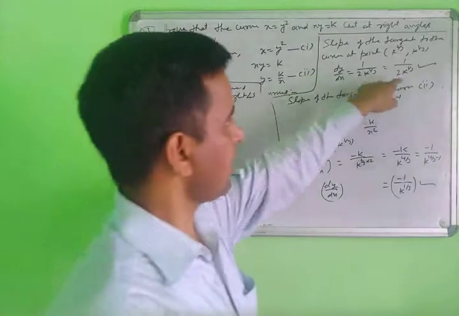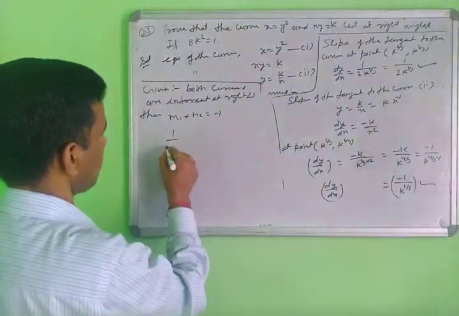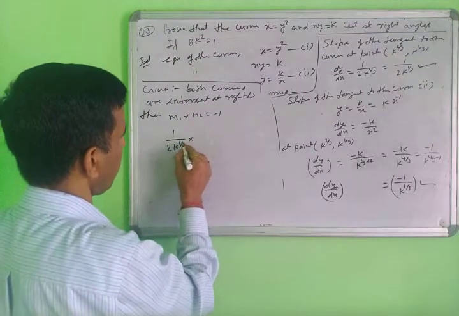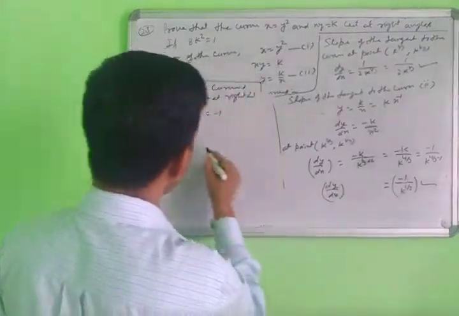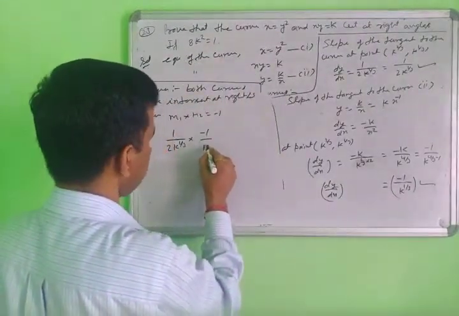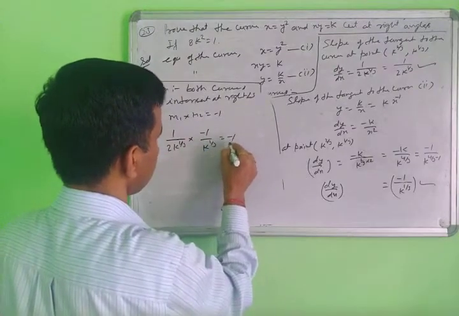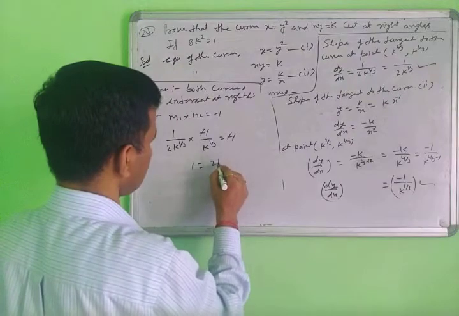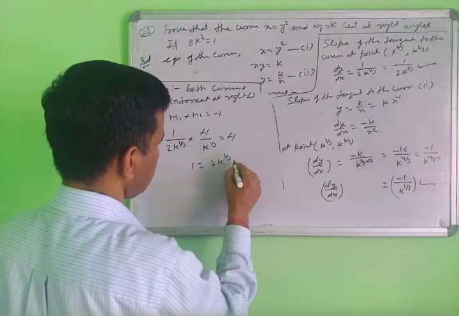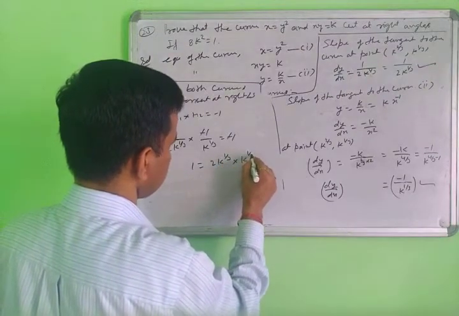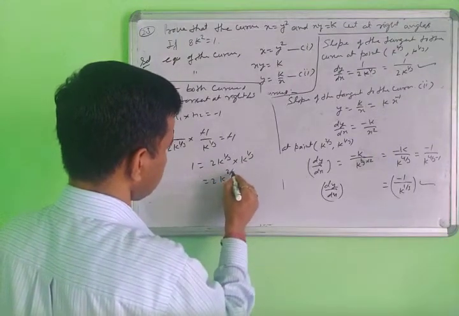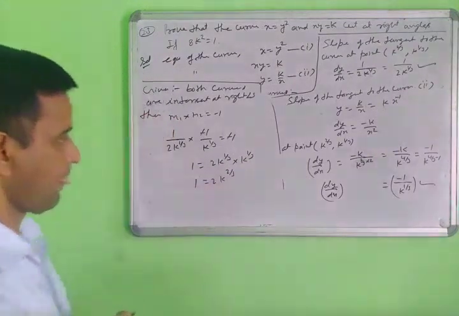This is the value of m1, 1 upon 2k^(1/3), and this is the value of m2, minus 1 upon k^(1/3), equal to minus 1. The minus signs cancel, then 1 equals 2 times k^(1/3) times k^(1/3). Adding the powers, 2k^(2/3) equals 1.